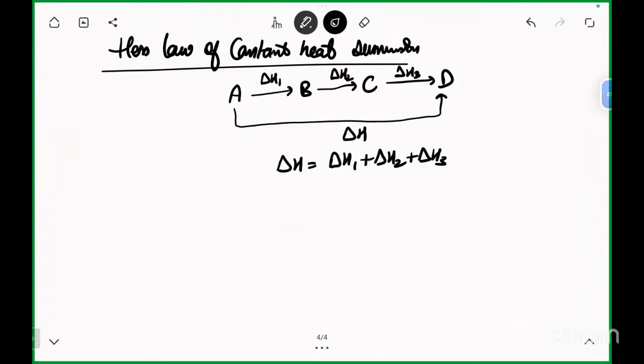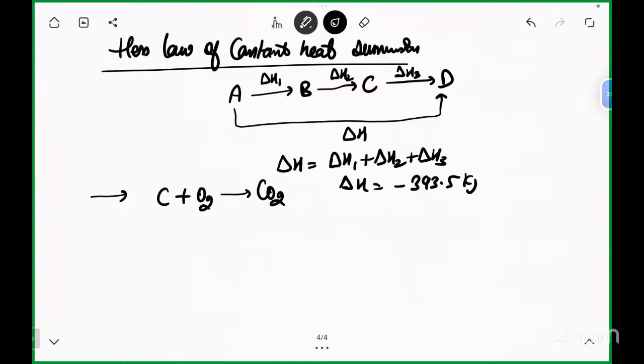For example, the main reaction is C plus O2 gives CO2. In this case, the delta H value is minus 393.5 kilojoules. Minus means it is exothermic again. This is a single step reaction.